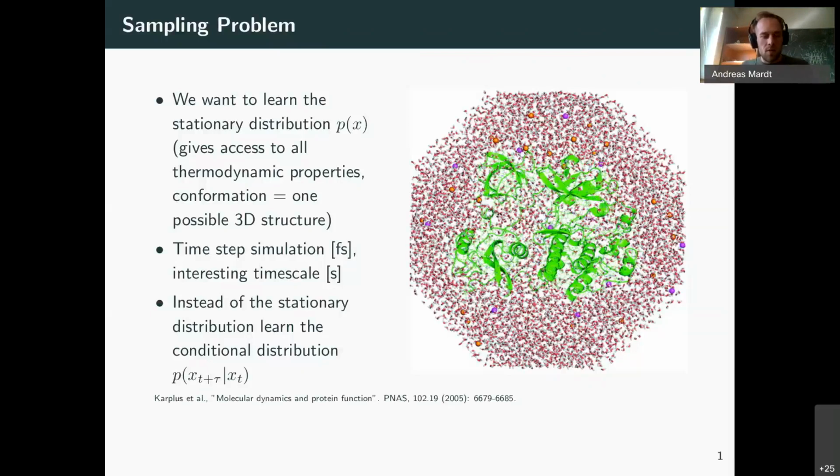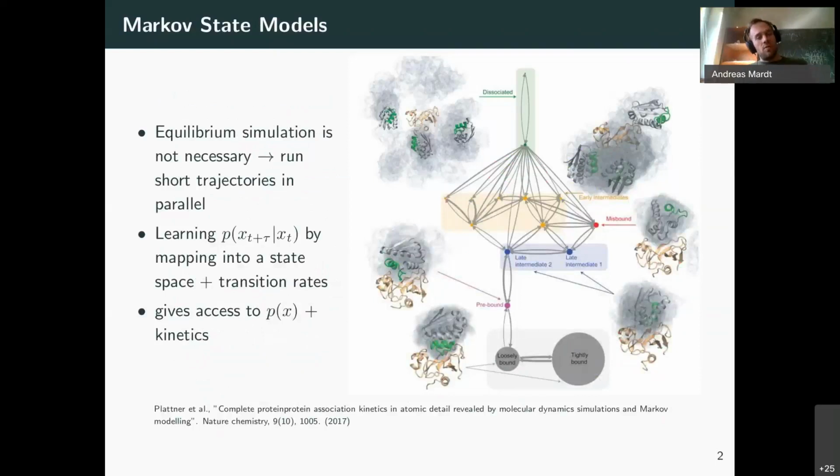And the nice thing about it, if you now jump to Markov state models, which make use of it, is that we don't need to do one very long simulation where we can see the stationary distribution, but instead we can run several short trajectories in parallel. By this, we can make use of clusters where we have a lot of cores and run several trajectories. And we can make use of all these trajectories to learn just these conditional distributions.